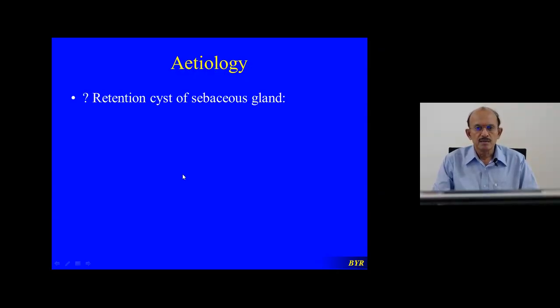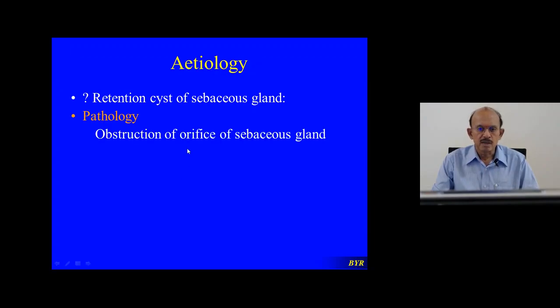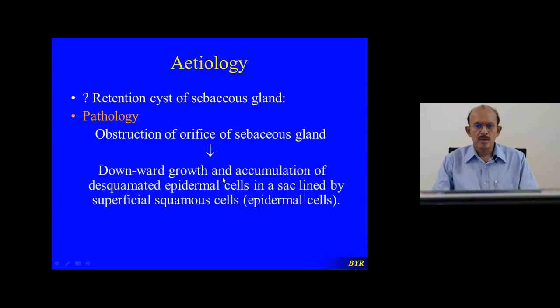Etiology: it is a retention cyst of sebaceous gland. Obstruction of the orifice of the sebaceous gland. Downward growth and accumulation of desquamated epidermal cells in a sac lined by superficial squamous cells.